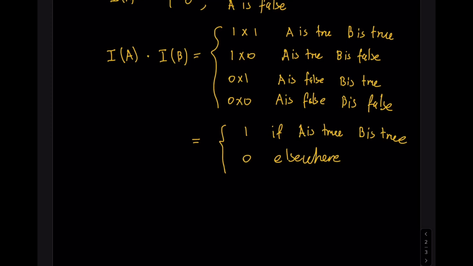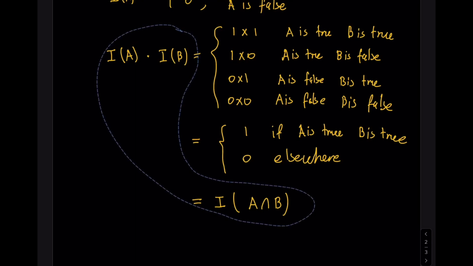Now this is an important fact, because this is the equivalent of the indicator function for when both the statement A and the statement B are true. And this is a fundamental property that we're going to use in terms of our equation beforehand.